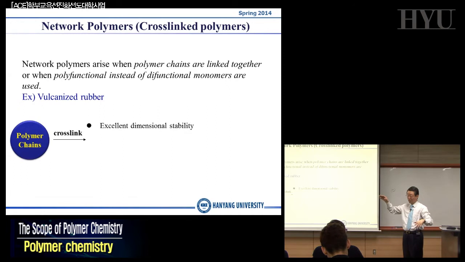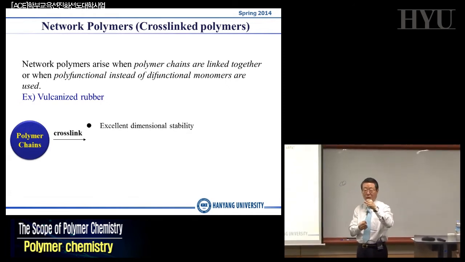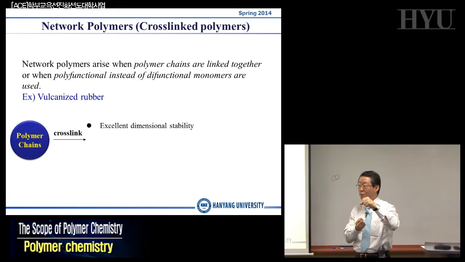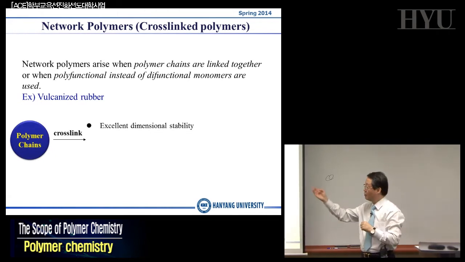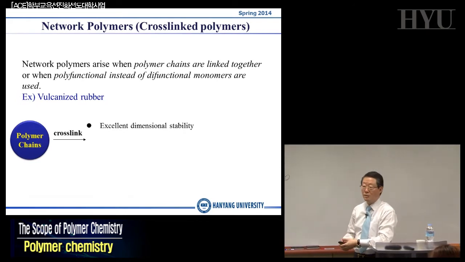Because of this movement, you need much more space to move, so the free volume, the specific volume, will increase upon heating. But once you have a network or cross-link, then you have a restriction of your movement. Because of this restriction, you have very excellent dimensional stability in the case of network polymer.